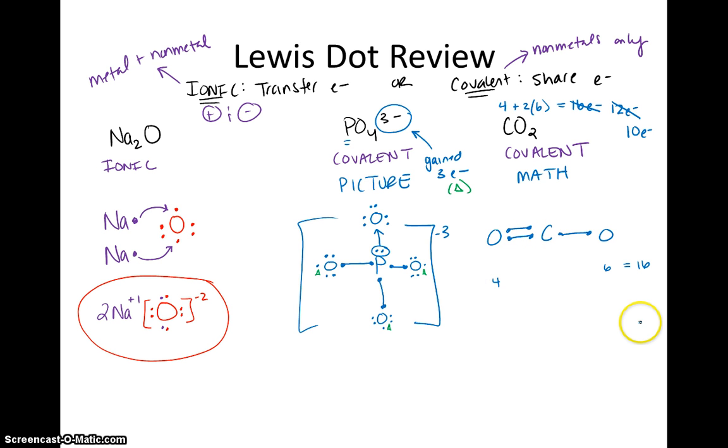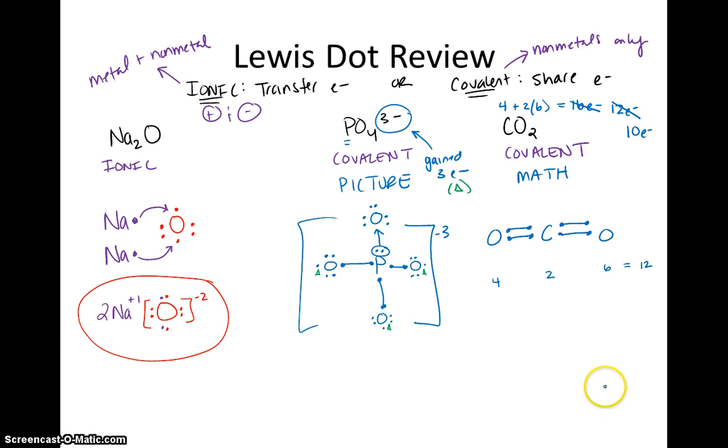So he only needs 4 more to be happy. My carbon now has 2, 4, 6 electrons, so he only needs 2 more to be happy. So our total electrons that we need to make all our atoms happy is not 16 anymore. It's 6 plus 6, which is 12. These numbers still don't match, so now I need to try another double bond on the other side.